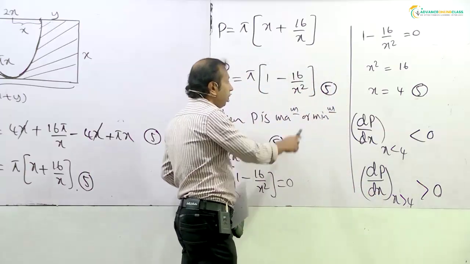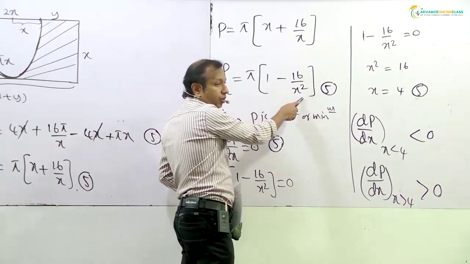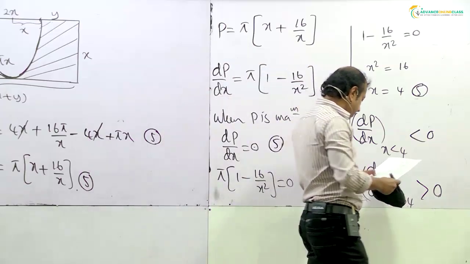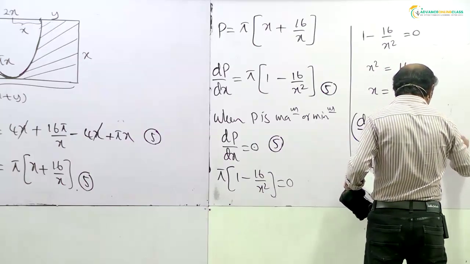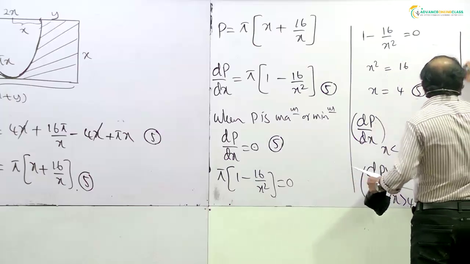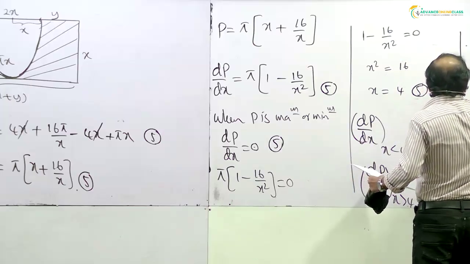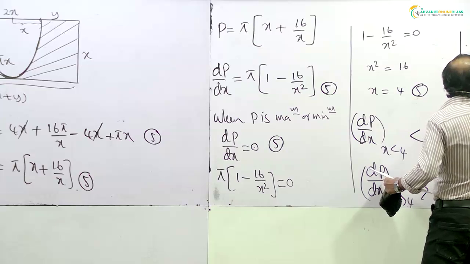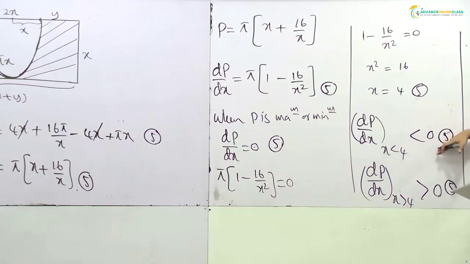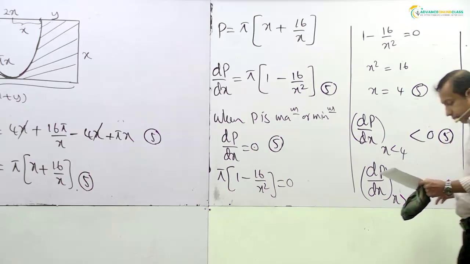For example, put 5 here, 25. 16 over 25, less than 1. 1 minus less than 1 means positive. Right? So for this we get 5 marks. Therefore, we can say P is what? Minimum. No? Negative, 0, positive means P is minimum when x equals 4. Another 5 marks.